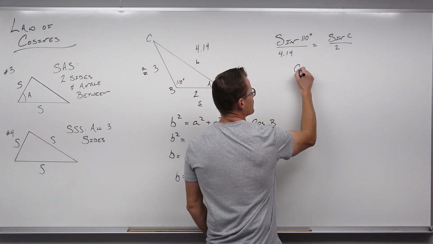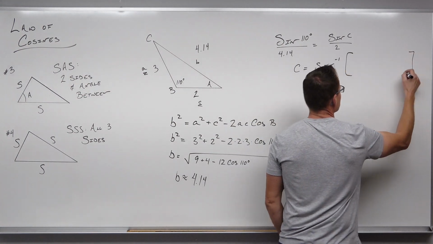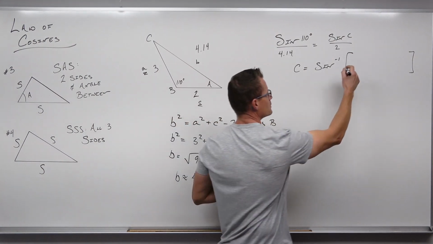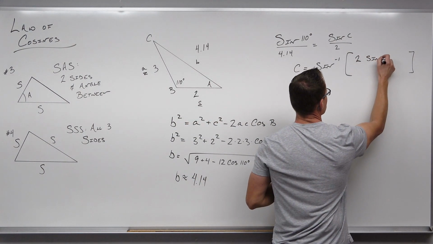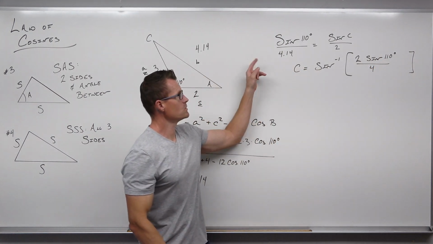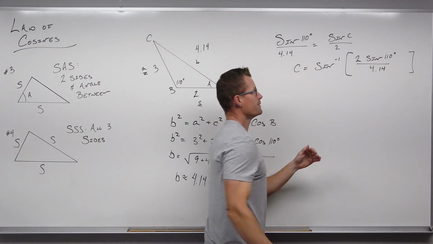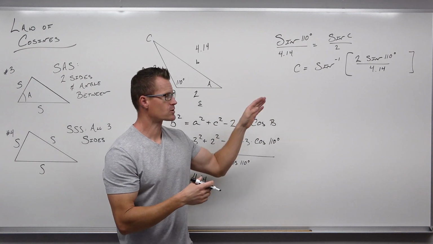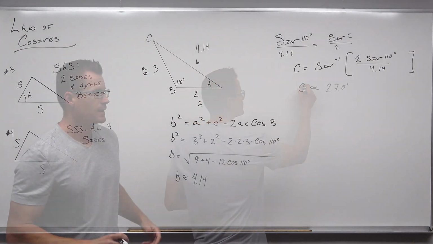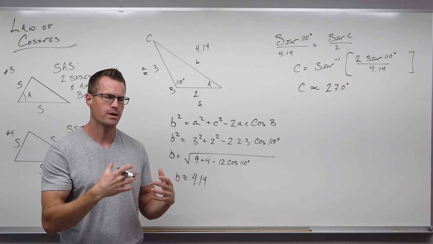So C is sine inverse, imagine this, multiply both sides by 2. You would get 2 sine 110 over 4.14. And then you would take a sine inverse of both sides. That's what I would plug in my calculator. I wouldn't write down little numbers or anything, plug the whole thing in. I got like 26.997, and I rounded it to 27.